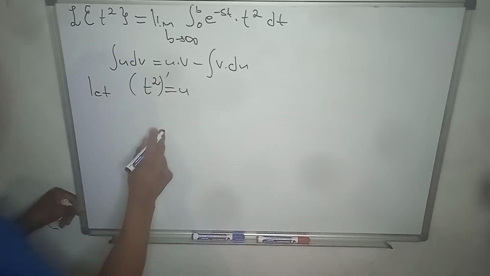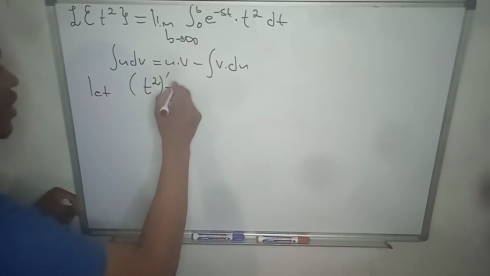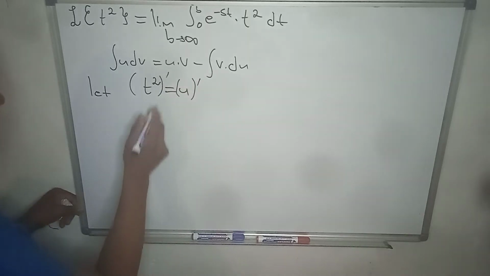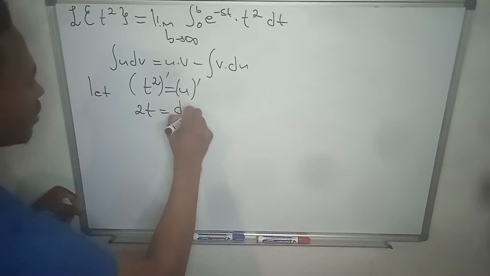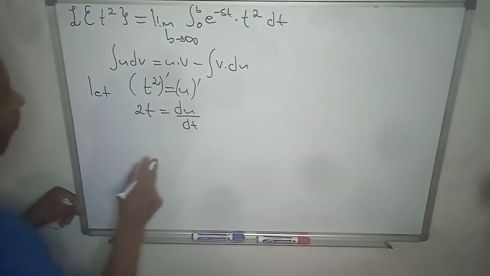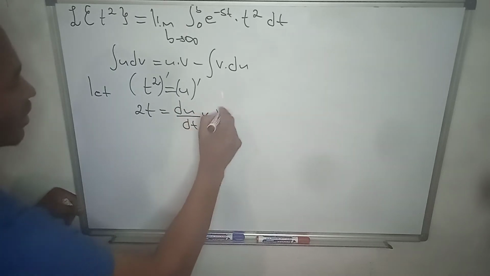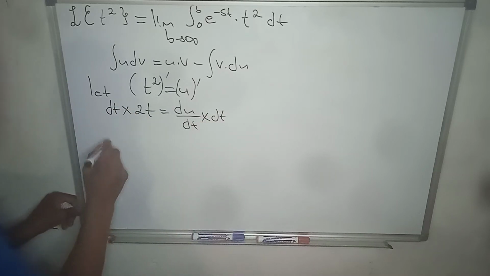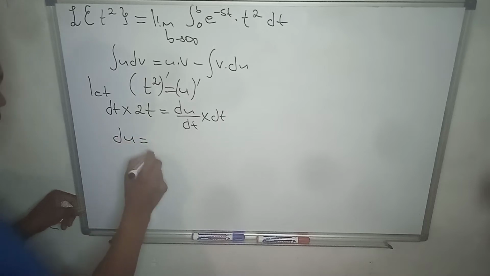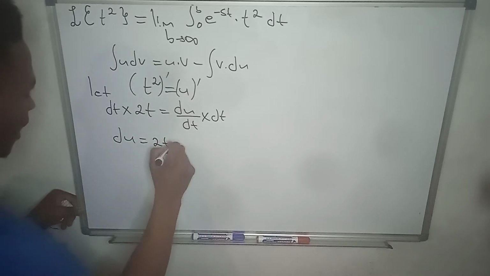If we differentiate this, it is the same as 2t, which is the same as du over dt. If I multiply by dt, we can see that my du equals 2t dt.